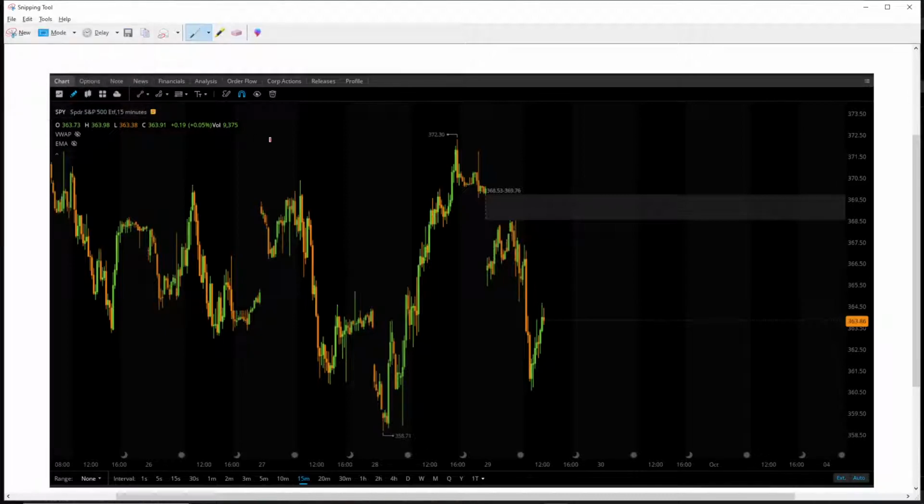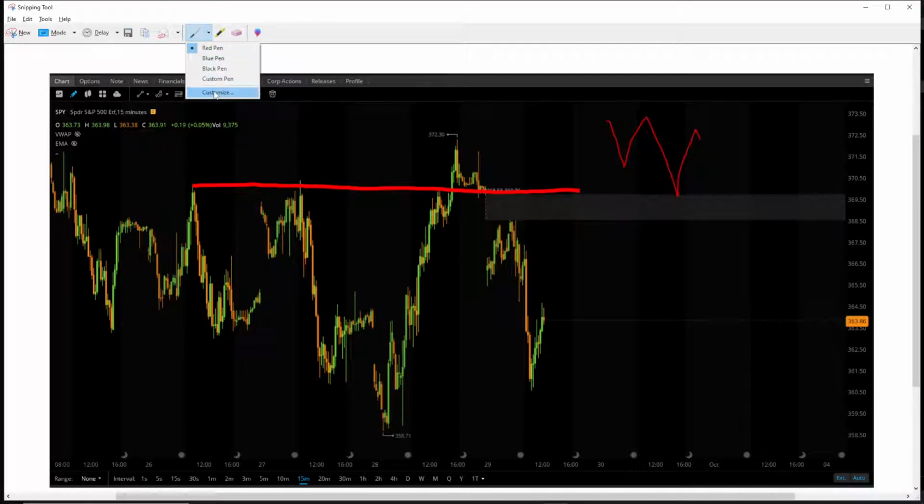Forgive me if I'm a little slow with my mouse. Roughly speaking, like I said before, the second markdown dips lower. So we have this, and then it dips down lower, and luckily we got that in a pre-market move, so we didn't have to go through it on actual market hours.